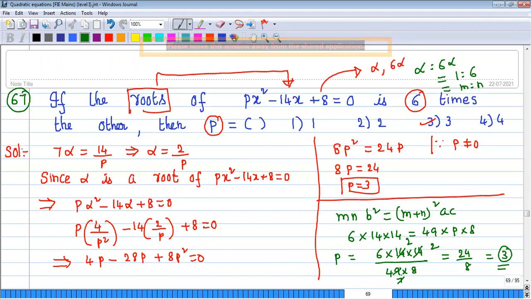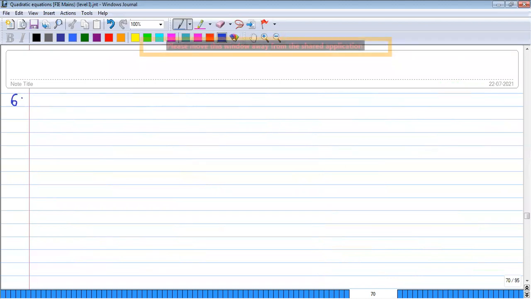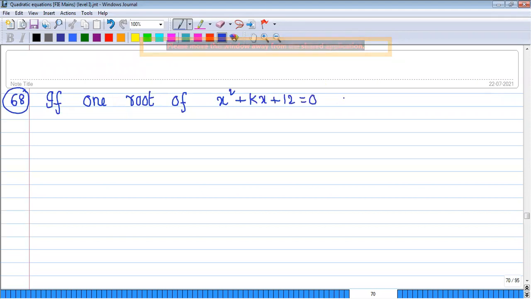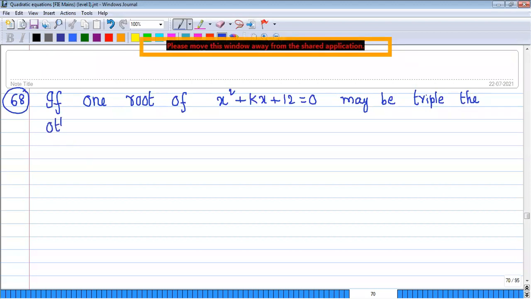Generally, you may find in different textbooks that word problem. Question 68: If one root of x square plus kx plus 12 equals to 0 may be triple the other, then k equals to?